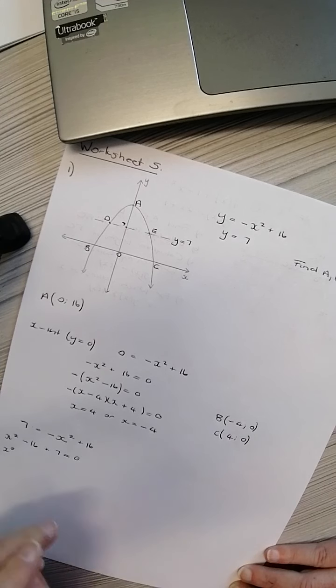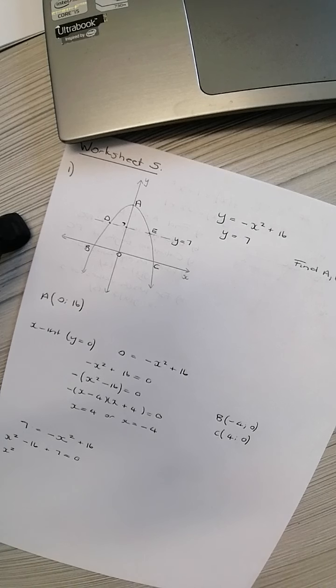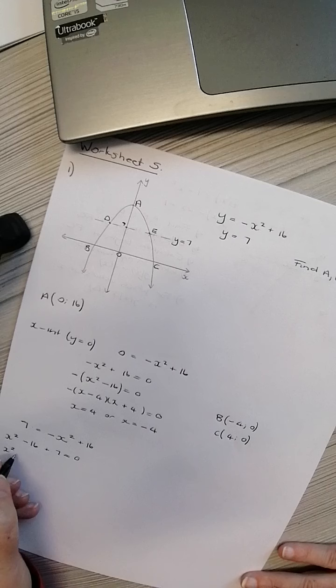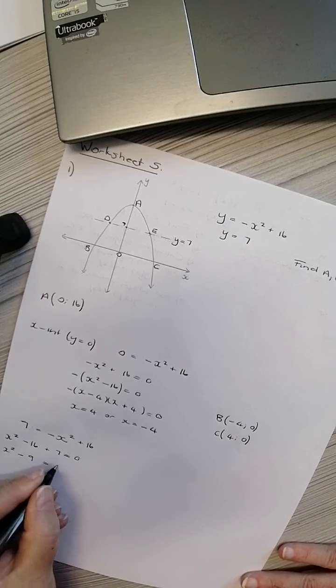x squared minus 16 plus 7. Get your calculator if you have to and work it out. Minus 16 plus 7 is minus 9. So x squared minus 9 equals 0.